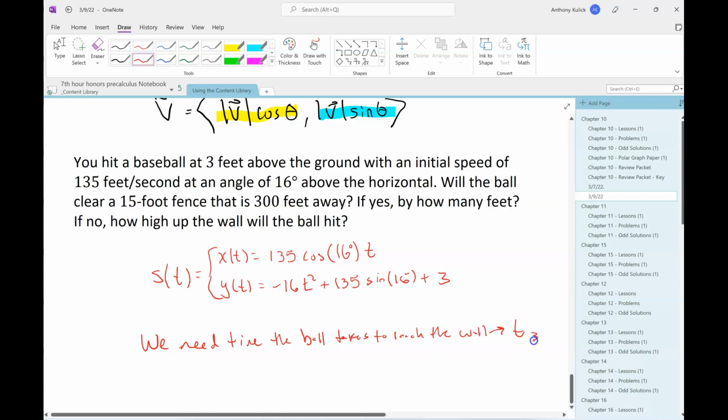So I'm going to call that T300, Y300. That's how far away the wall is, right?